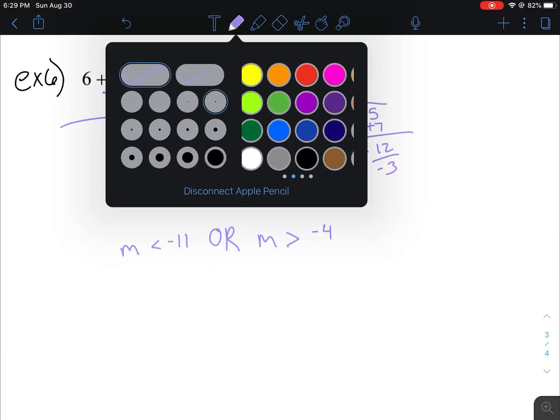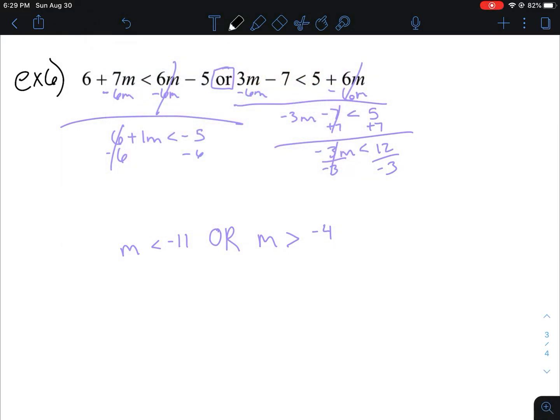The easiest way to tell if you solved an or statement correctly is, do you have two different facing inequality signs? In which I do. One on the left is facing to the left, one on the right is facing to the right. Negative 10, negative 9, negative 8, negative 7, negative 6, negative 5, negative 4, negative 3, negative 2, and negative 1.